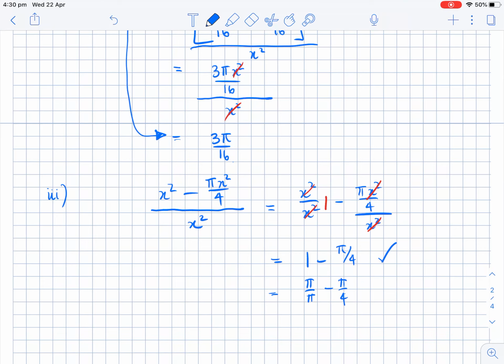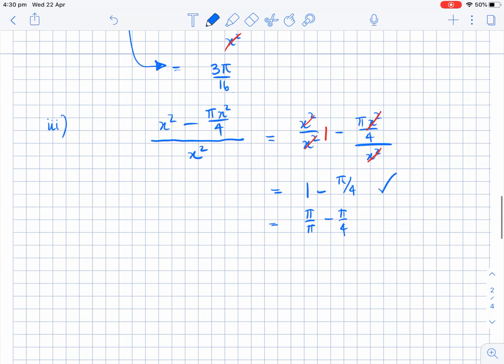And then I need to get a common denominator. So to get a common denominator, that is not useful at all. Definitely the end of the day. Let's write that 1 is 4 on 4. So then I want 4 minus pi all divided by 4. So that's my expression with a common denominator.